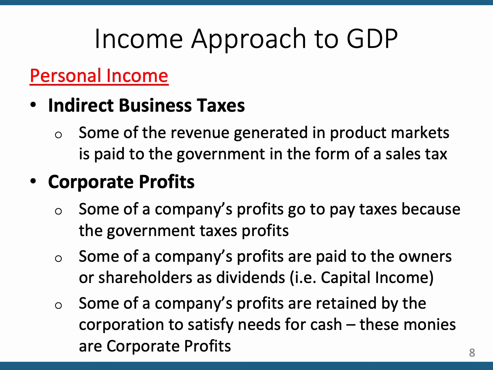So because that's income for governments, right? Not persons. And then corporate profits. So the total amount of profit that a company earns is divided 3 ways. First, some of that profit gets returned to the owners of the business.